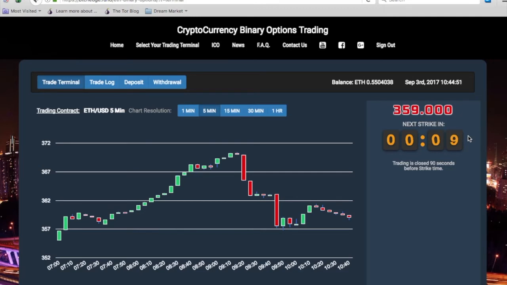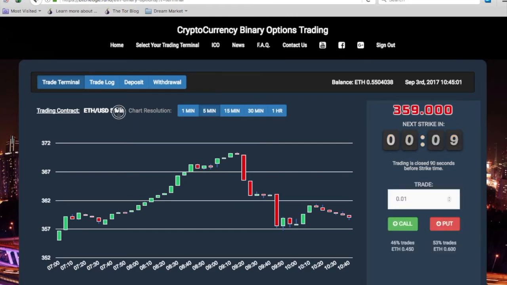So each of these points are strike times. So 12 times per hour, 24 hours per day, we have strike times.